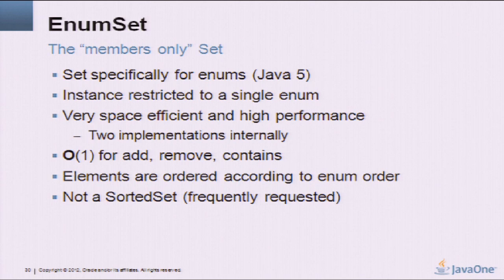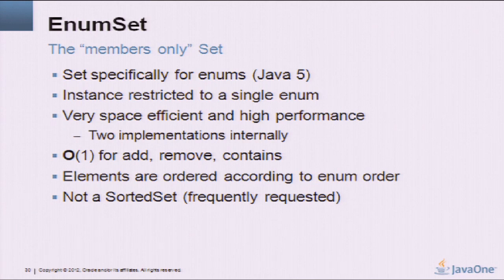But if your data is not an enumeration, you can't use it. It essentially comes down to a bitmap, which for reasonable size sets can just be a single word, so there's no external objects that are linked out like there would be on another map type. It's highly efficient.